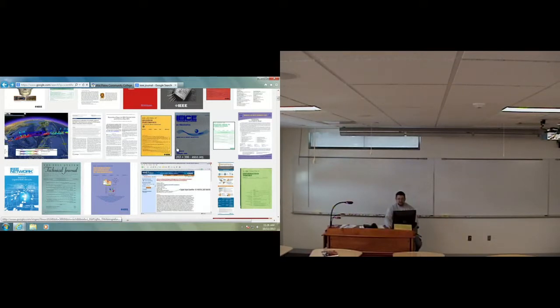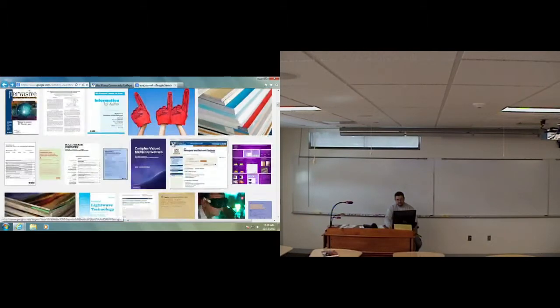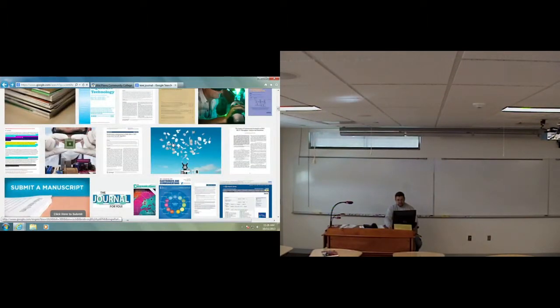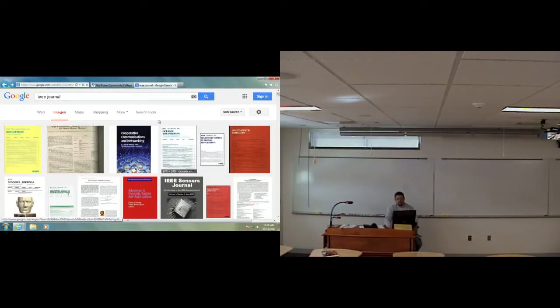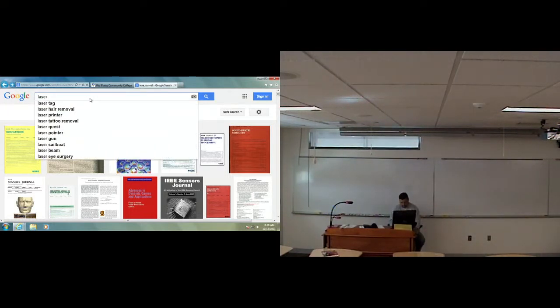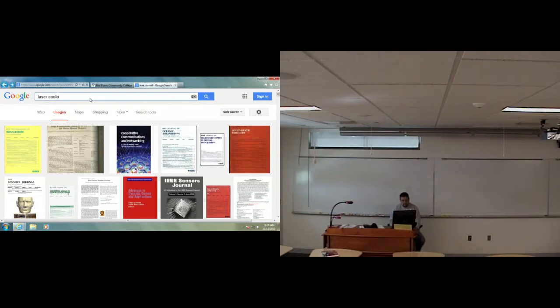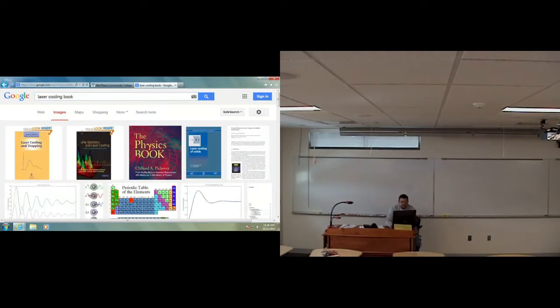When I went into atomic physics as a graduate in graduate school, I was given a book called Laser Cooling and something or other. Laser cooling. And this was essentially my class, laser cooling and trapping.